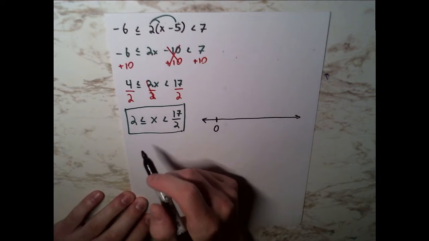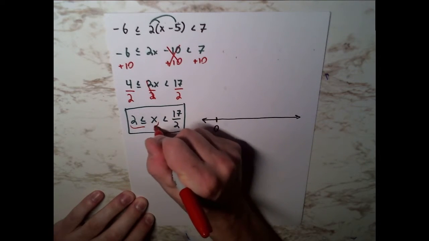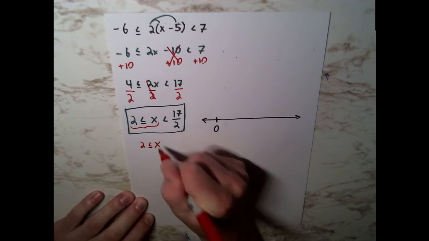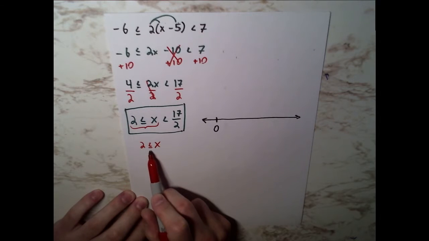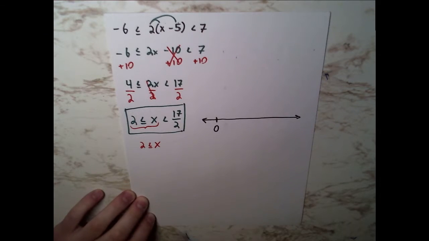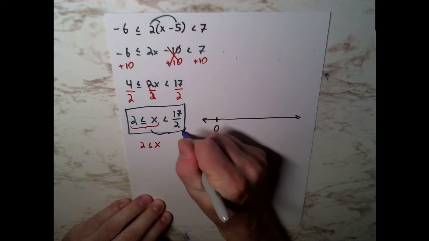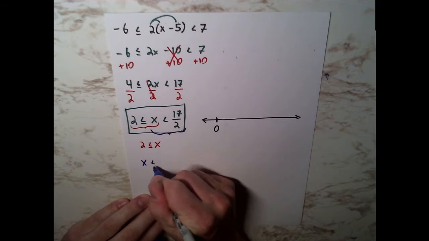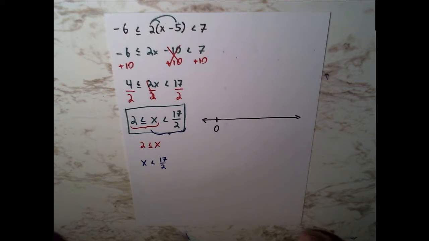So we have this expression right here, which is 2 less than or equal to x. So we can draw this on the number line, and then we also have this expression right here, which is x less than 17 halves.